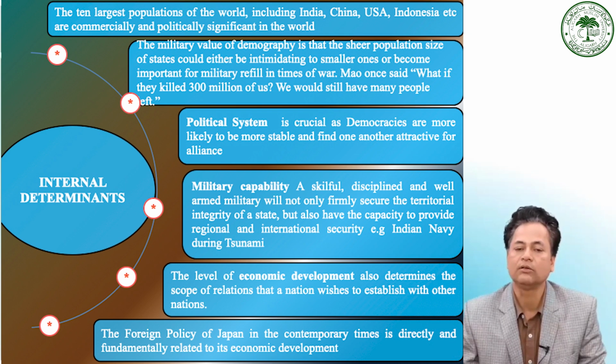So these are the factors and issues that are looked at when you think of your foreign policy. Then military capability is also an important factor for your foreign policy. It refers to the war resources at the disposal of states.